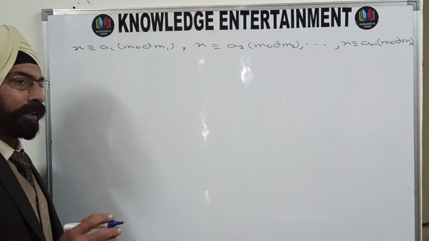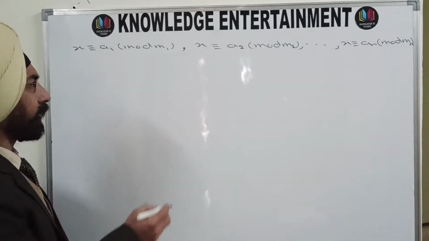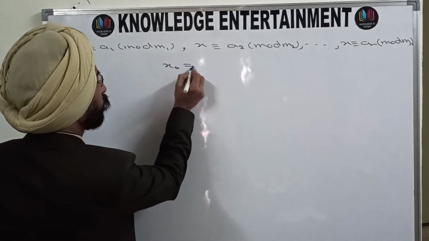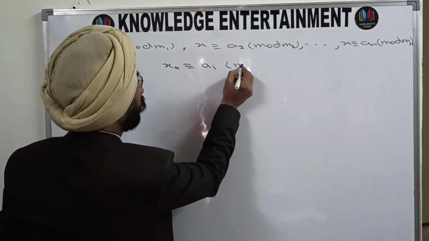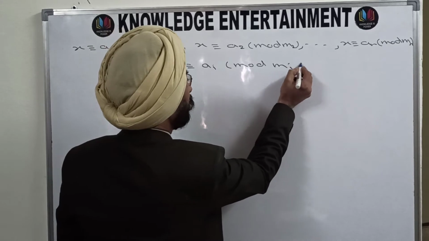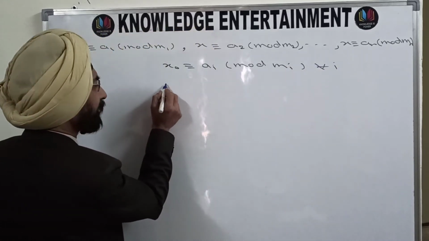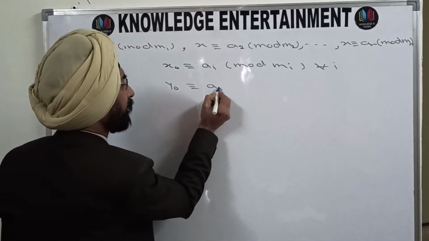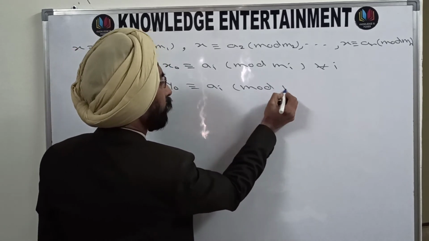So suppose there are two solutions, x naught and y naught. That means x naught is congruent to ai modulo mi for every i, and y naught is also congruent to ai modulo mi for every i.